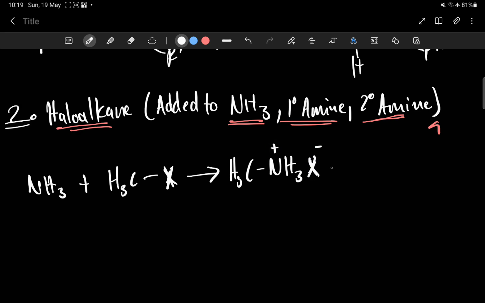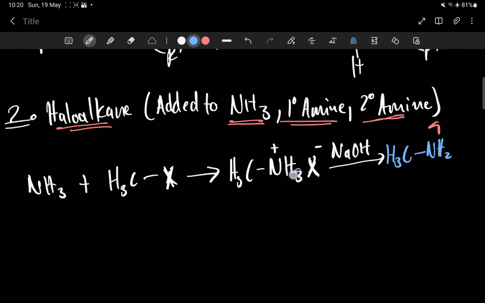Okay? And what's going to happen is we are going to treat it. I'm not explaining too much to avoid taking too much time. We are going to split it using a base. So the first thing that happens is this ammonia goes to attach to the halogen. Then we split it using a base, like sodium hydroxide. And you're going to have H3C bonded to NH2. You're going to have your primary amine.